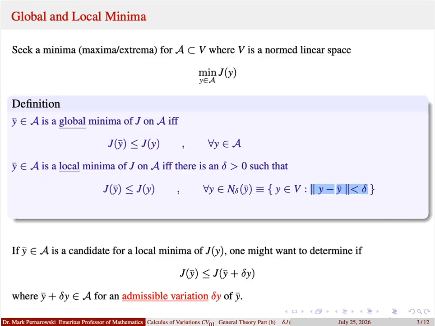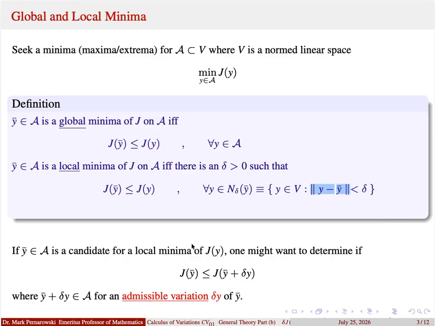So what I've defined here is a delta neighborhood of y bar in a vector space with a norm. This is the set of all y's that are at most a distance delta from y bar. In R2, this would be a disk. In R3, it would be a sphere. But these are actually function spaces, so you can't really draw pictures.